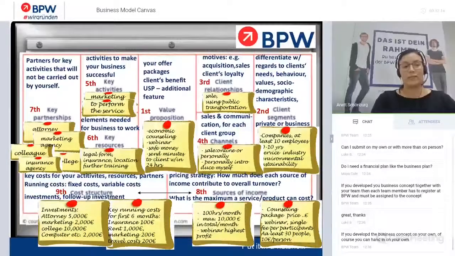At the end, you can compare if your income is high enough to cover your business and private costs in the long run. And again, please check, are your client groups willing to pay the price you want to sell the value proposition for?